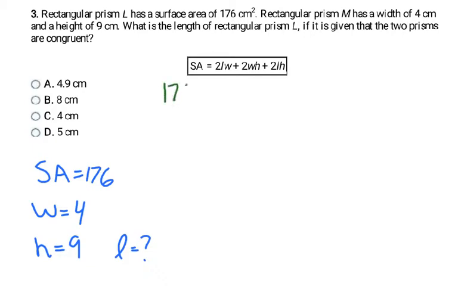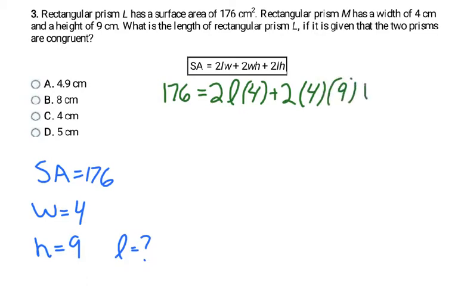I know surface area is 176 equals 2, and the length is what I'm looking for, so I'll write L, times the width, which is 4, plus 2 times the width, which is 4, times the height, which is 9, plus 2 times L times the height, which is 9.